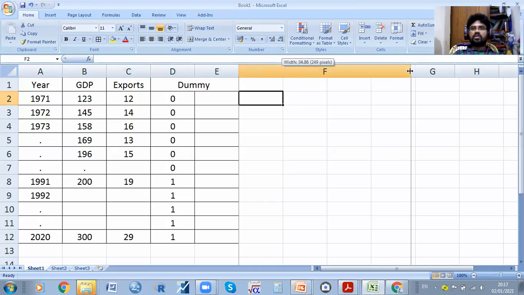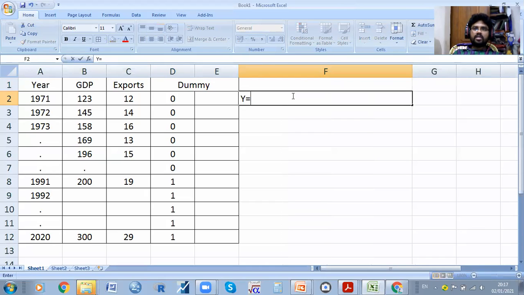I am going to write y is equal to beta 1 plus beta 2 exports, that is, in terms of x, plus beta 3 d plus u. So this is a regression model.